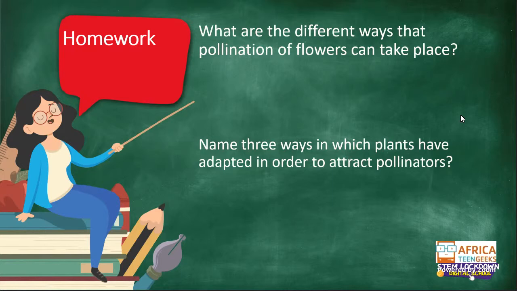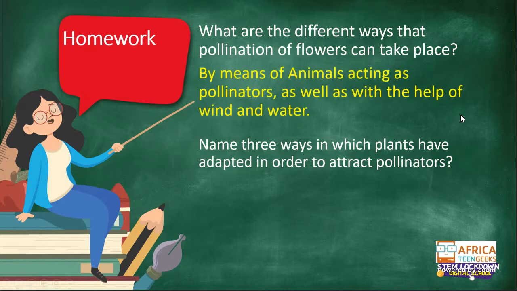Let me show you the answer that I have here. Obviously, if you are going to write a test, you don't want to just write wind, water, animal. That's not going to be accepted. So a sentence structured like this one: by means of animals acting as pollinators, as well as with the help of wind and water. That is going to be the answer that you will write on your test.